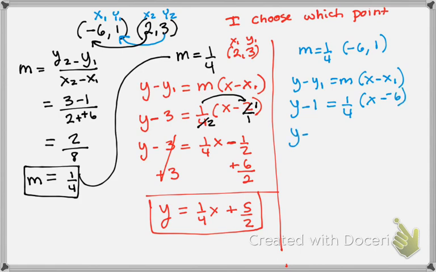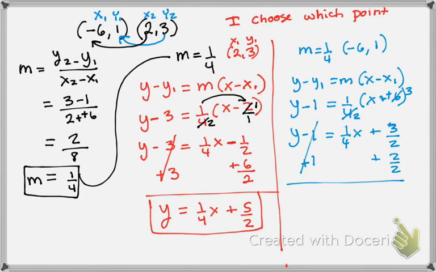Y minus 1 equals 1/4 x plus, I can cross cancel, 2 goes into that 2 times and 3 times, so that'll be positive 3 over 2. Now I have to add 1. So I'm going to add 2 over 2. And I end up with y equals 1/4 x plus 5 over 2.